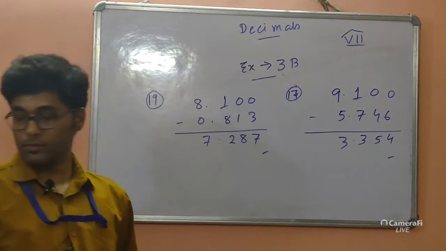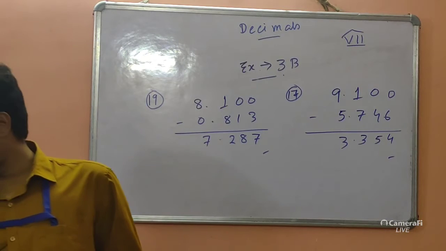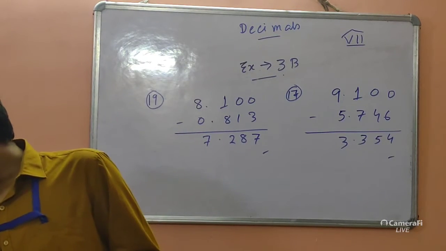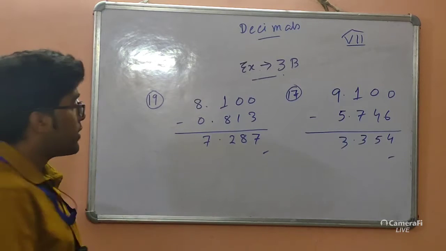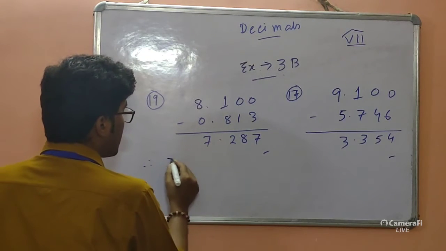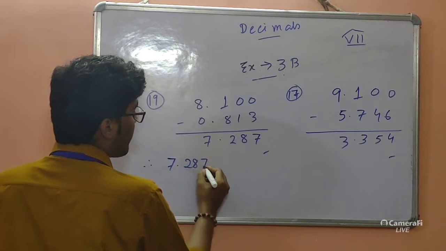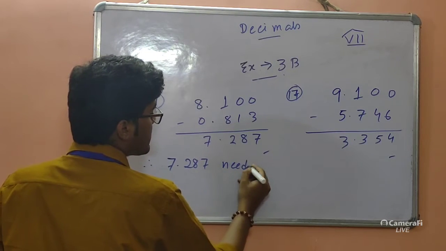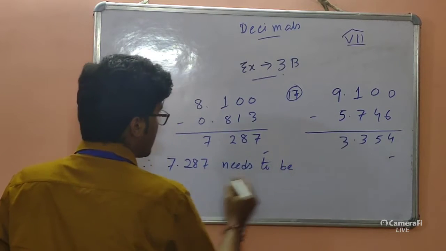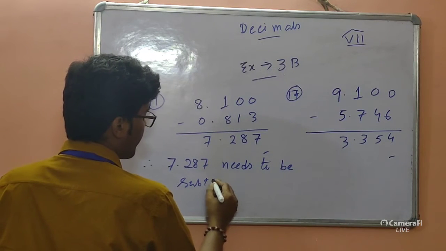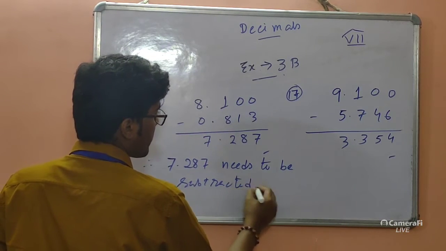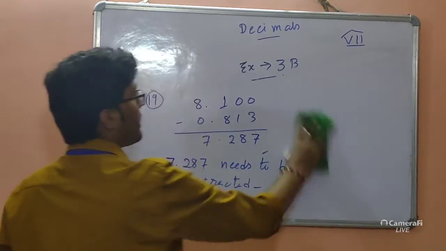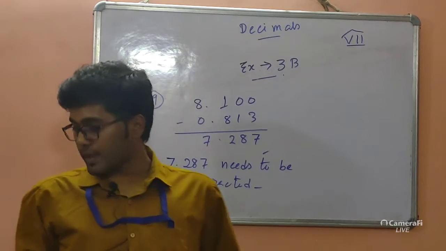Clear? Since it's a word problem, so the question says what is to be subtracted, so we write therefore 7.287 needs to be subtracted. Clear?